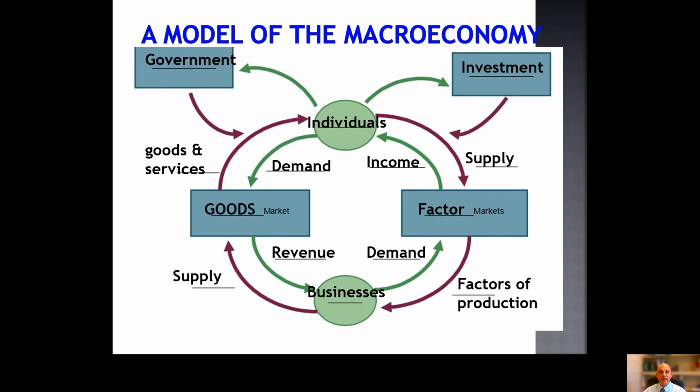They need land, labor, capital, and entrepreneurship in order to make the goods and services, and the individuals are the ones that own the factors of production. So we supply factors of production to the businesses. They supply the goods and services. Money is something that facilitates those transactions.